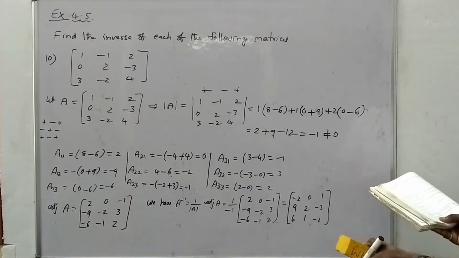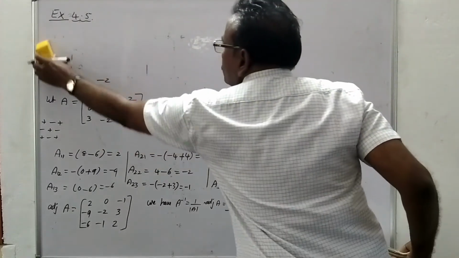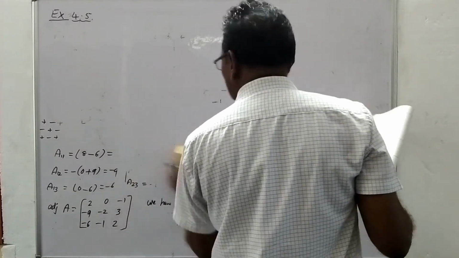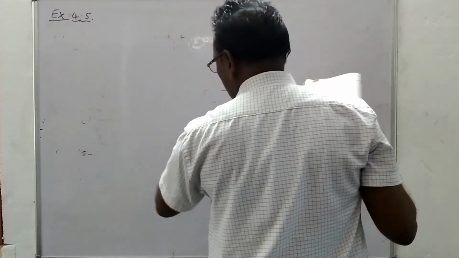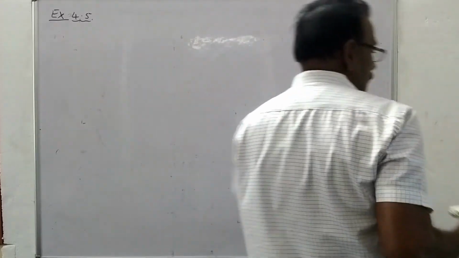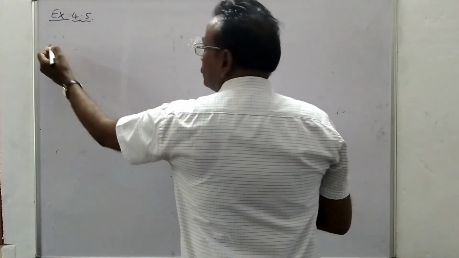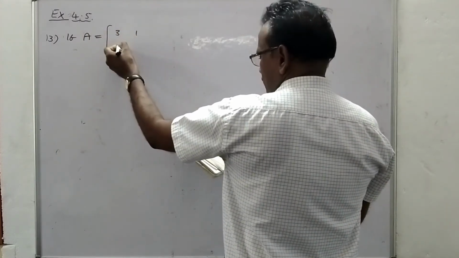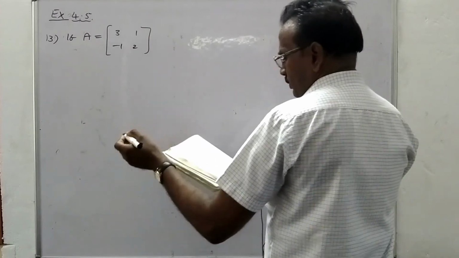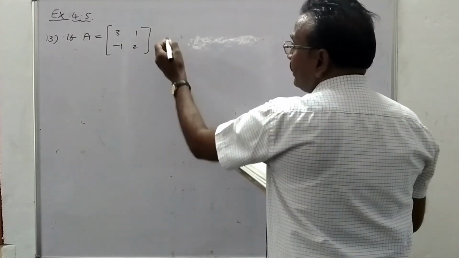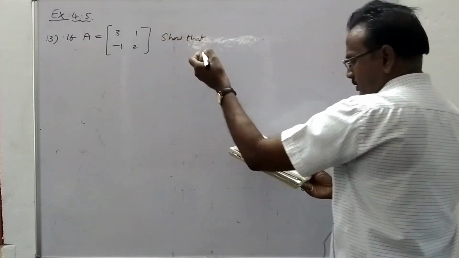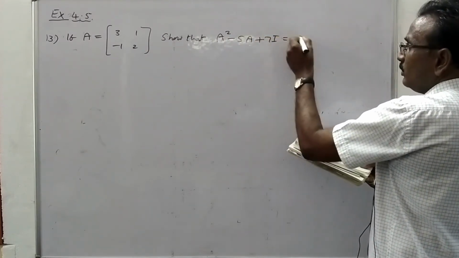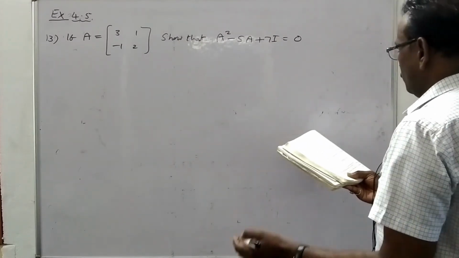Next, question number 13. If A is equal to 3 1, minus 1 2, show that A square minus 5A plus 7I is equal to O, where O means null matrix of order 2, and hence find A inverse.